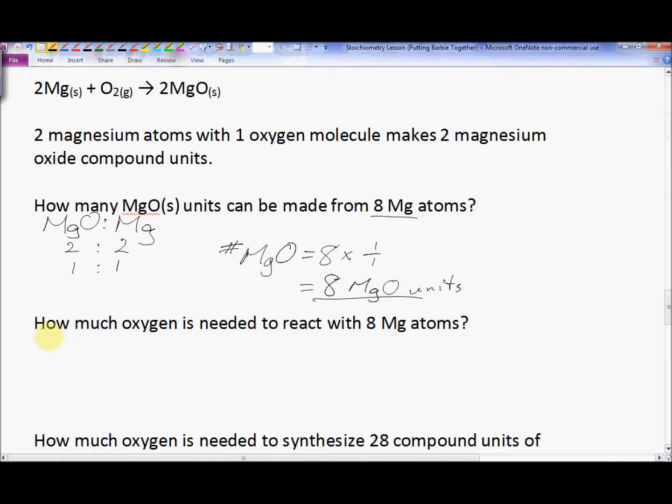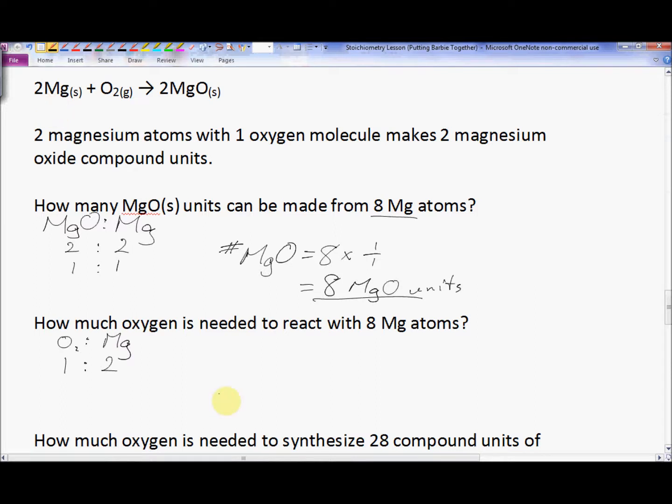So how much oxygen is needed to react with the 8 magnesium atoms? Well, let's take a look at that ratio. We're just going to have a ratio of oxygen to magnesium, and we've got 1 oxygen molecule for every 2 magnesium atoms. So the ratio is 1 to 2.